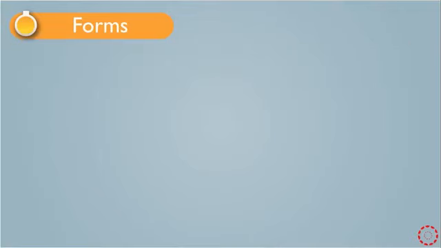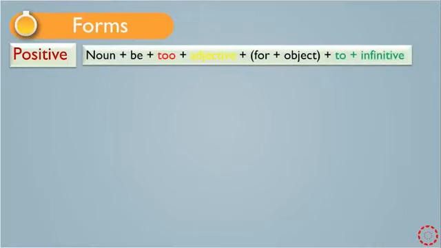We use "too" with positive, as I said. The noun plus be. What is be? Very good. Is, am, are, was, and were, plus "too," plus adjective. If we have an object, we should say "for" plus object, and "to" plus infinitive.